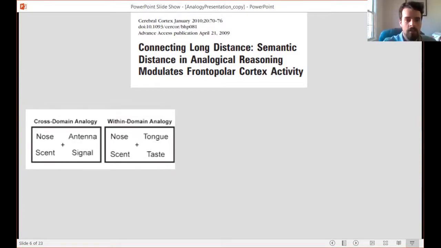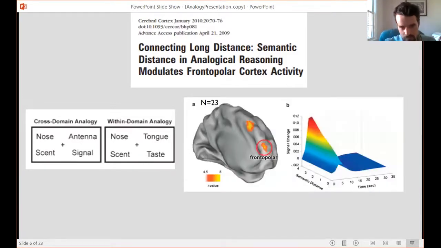For this study, we now have 23 people. We looked to see what regions were activated, but beyond that, we ran a parametric analysis where we entered the semantic distance values of the problems, and looked to see what regions of the brain correlate with increased semantic distance.